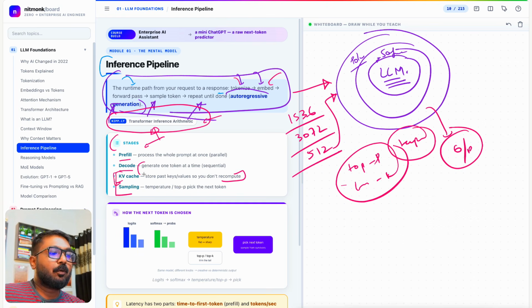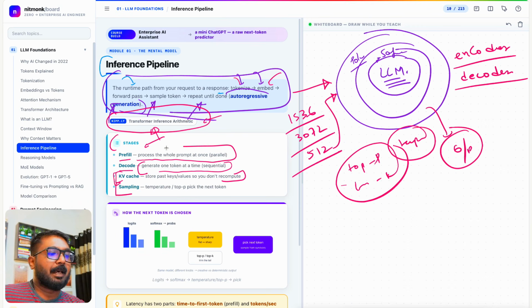Decode is the decoder, which is responsible for generating one token at a time, sequentially, and prefill processes the whole prompt at once in parallel. Those are the stages in the inference pipeline.